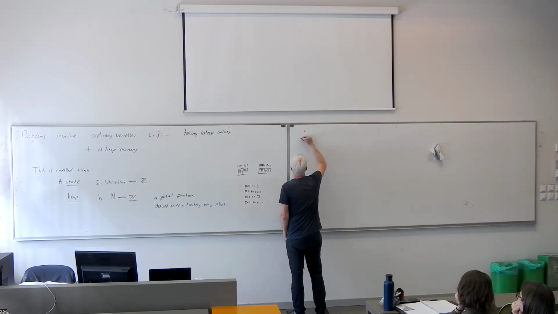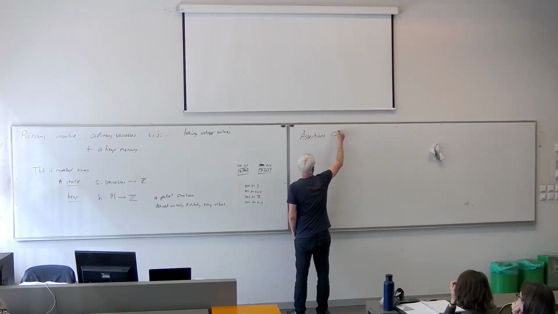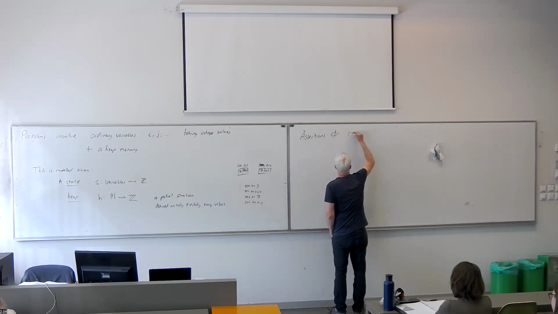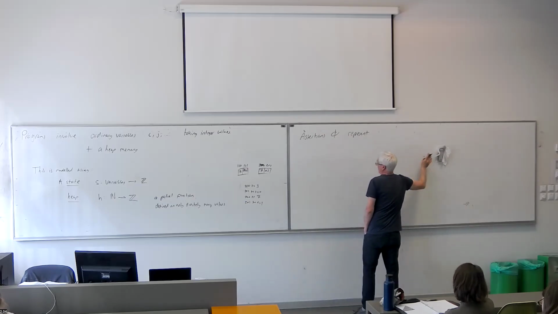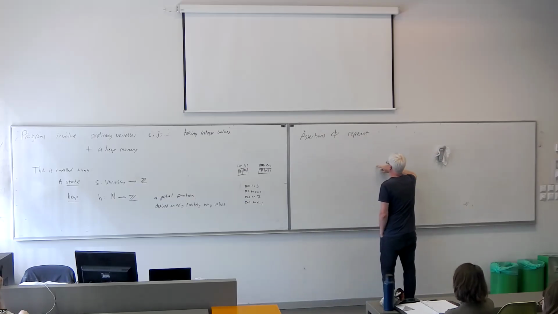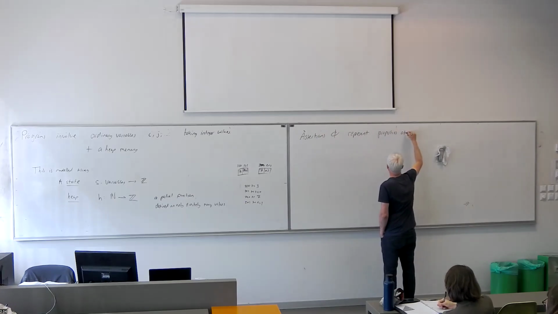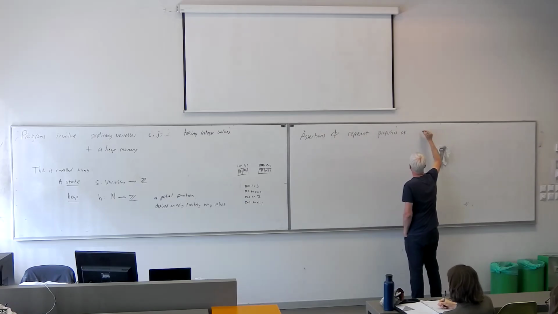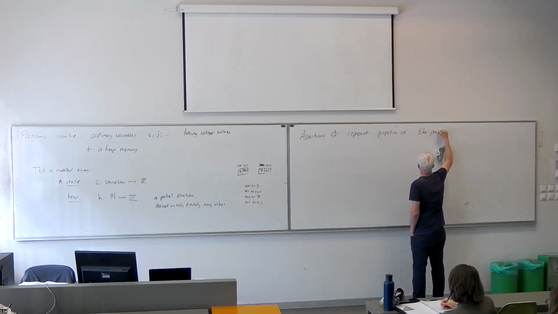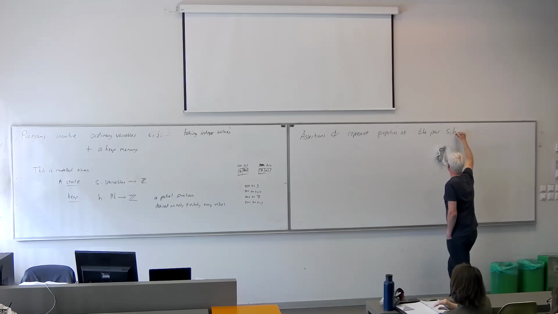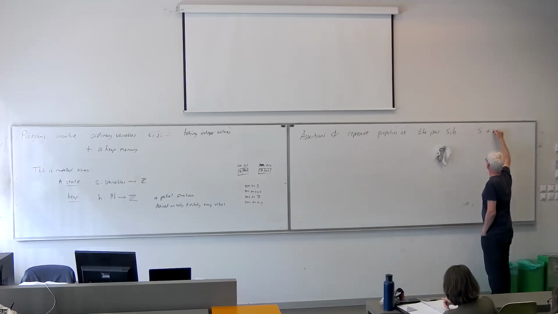So we have some language of assertions. Assertions represent properties of the pair S, H. S is the state, and H, say.